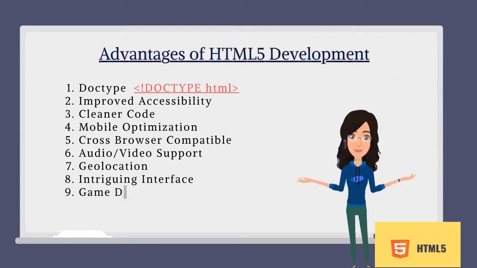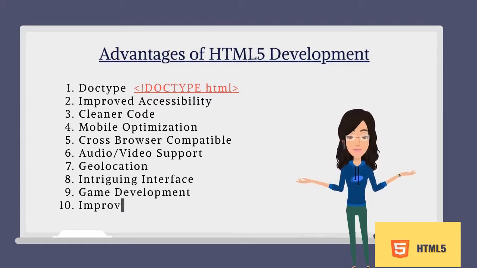Fifth is cross-browser compatibility. In the multi-browser world, websites need to be cross-browser compatible, and this has been a core idea behind the HTML5 doctype. It supports all major browsers in the world, including Google Chrome, IE, Firefox, Safari, etc.